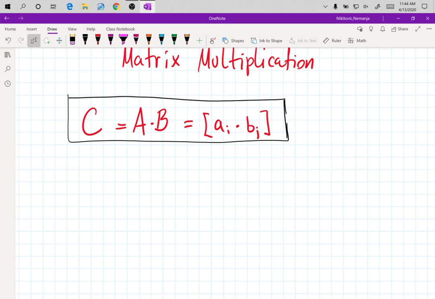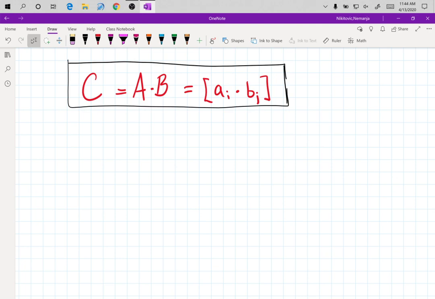So let's take a look at matrix multiplication. The best here obviously is to work on an example to see the way this works. Since you're multiplying rows into columns, let's put that as a restriction. Rows of A must be equal to number of rows.